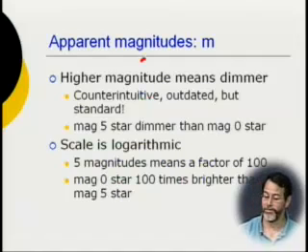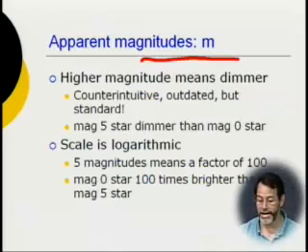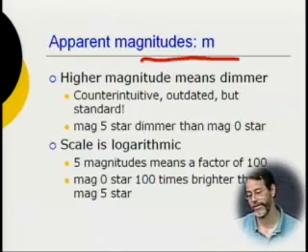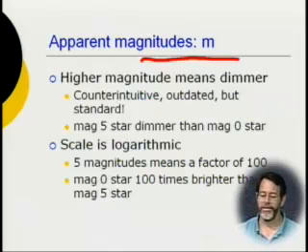Now, our magnitude system comes from back when we didn't have, well, we sort of had, but currently, physicists and astronomers more commonly use brightnesses in terms of common energy units like ergs and joules, and how much comes in a second.